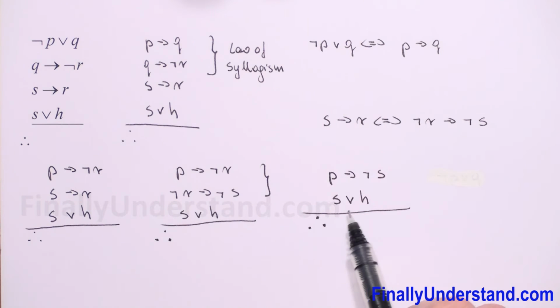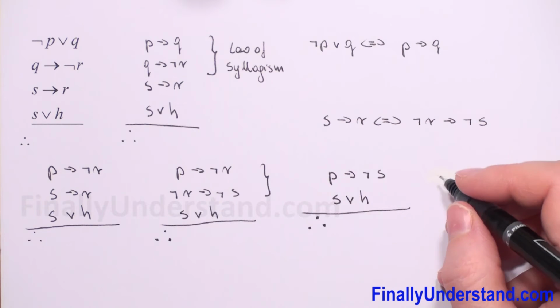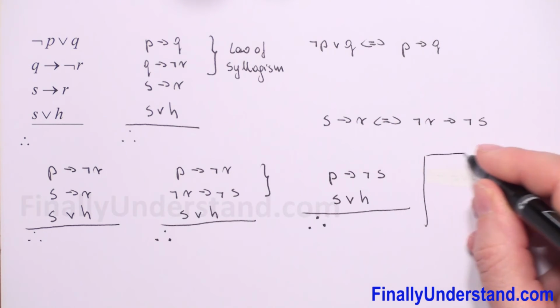So now we know that we can rewrite this disjunction to an equivalent conditional form. So let me remind you this formula.